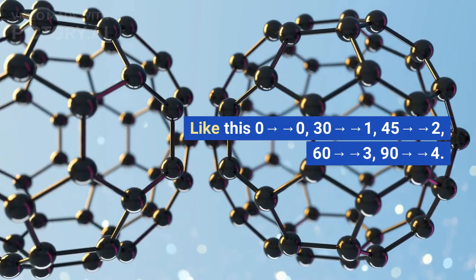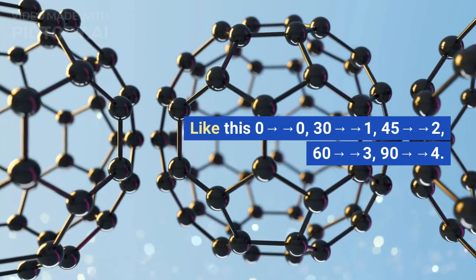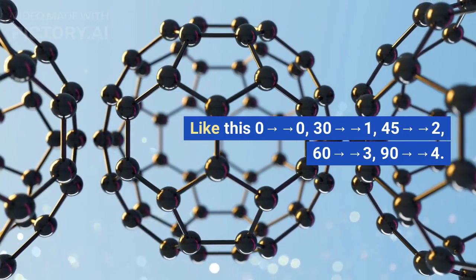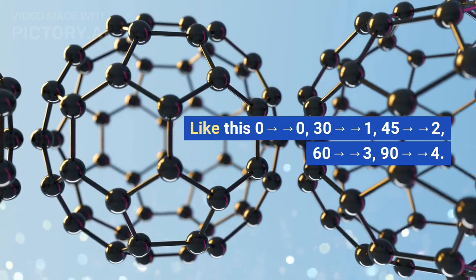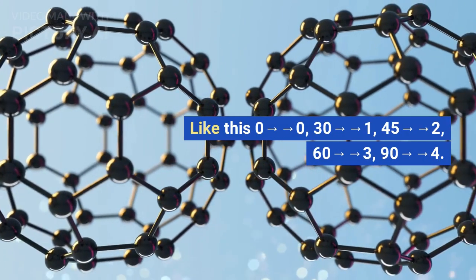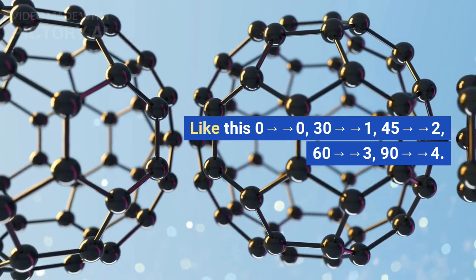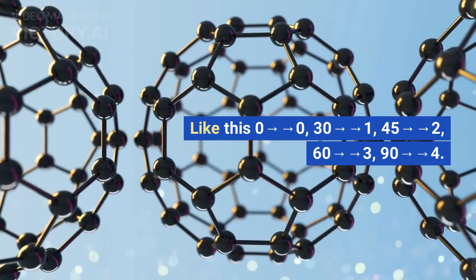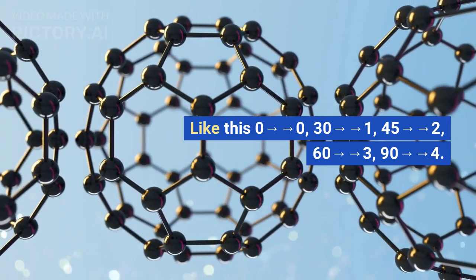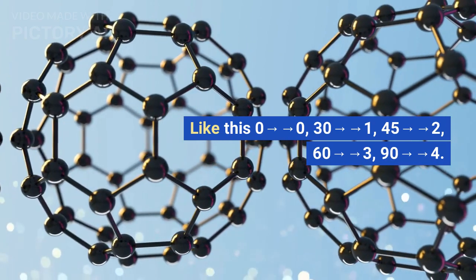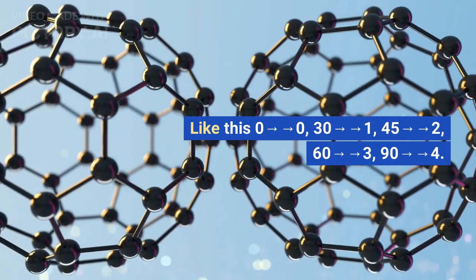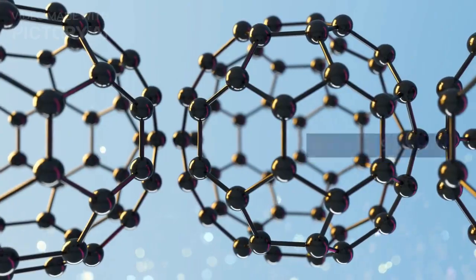Like this: 0 → 0, 30 → 1, 45 → 2, 60 → 3, 90 → 4.